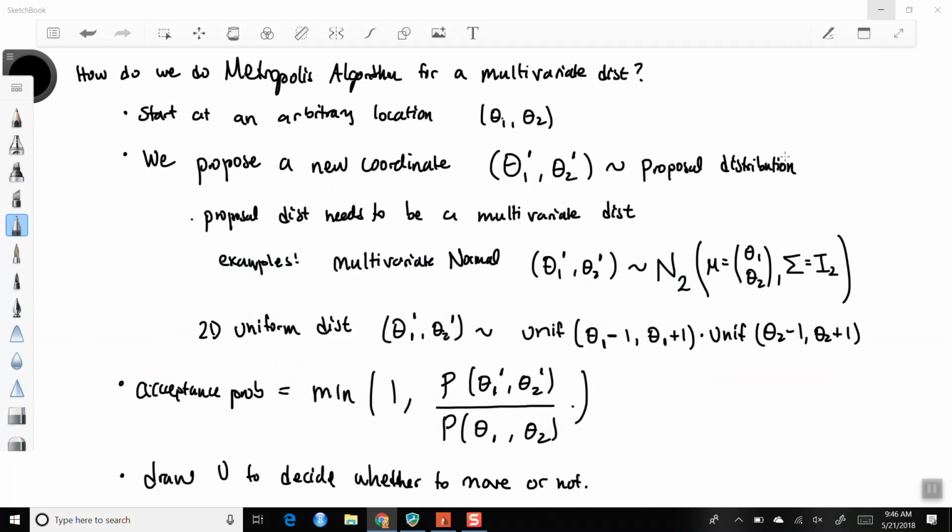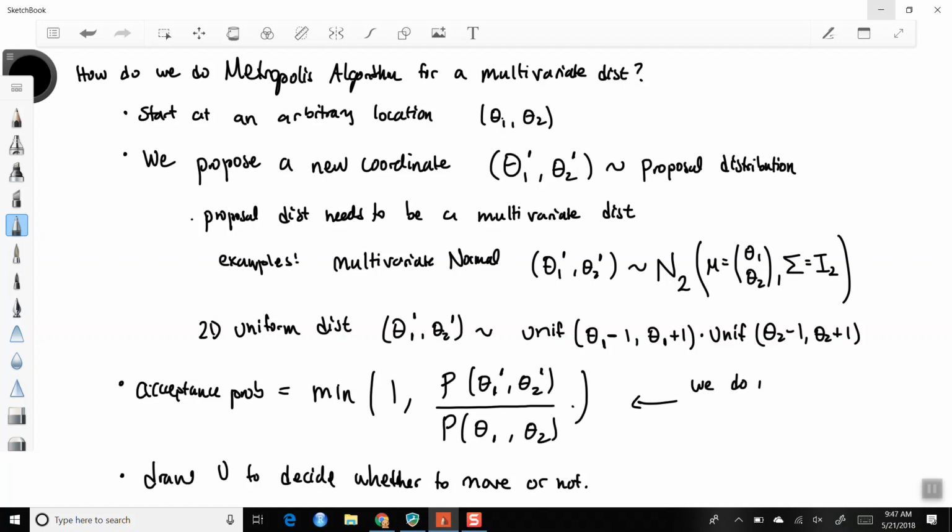And especially when you have this probability of the proposed divided by probability of the current, especially if we're in a Bayesian situation, we don't have to calculate the normalizing constant in the bottom, right?